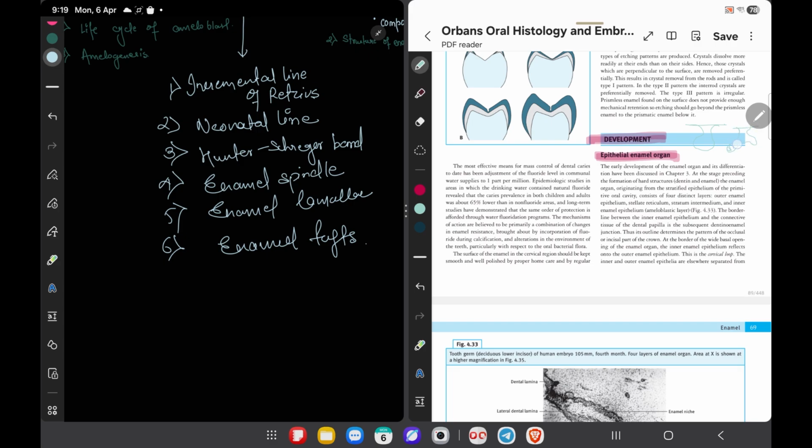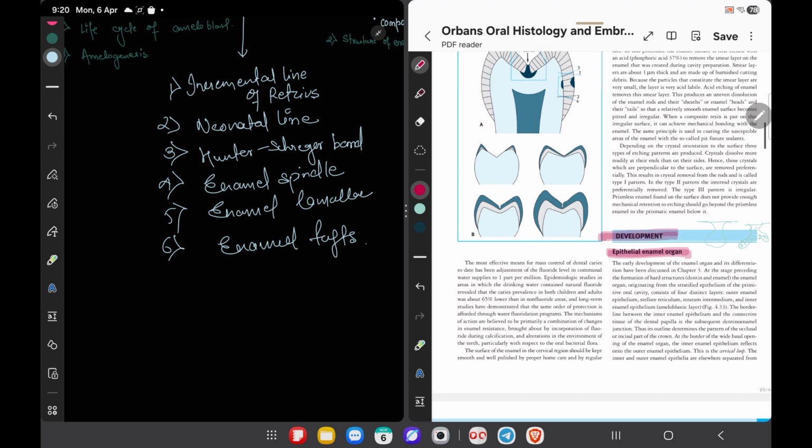There is this cuboidal lining of inner enamel epithelium, then the lining of cuboidal epithelium. You have read about it in your first chapter about tooth development. So we are talking about this enamel organ. We have already talked about the stratum intermedium, stellate reticulum, outer enamel epithelium, and inner enamel epithelium.